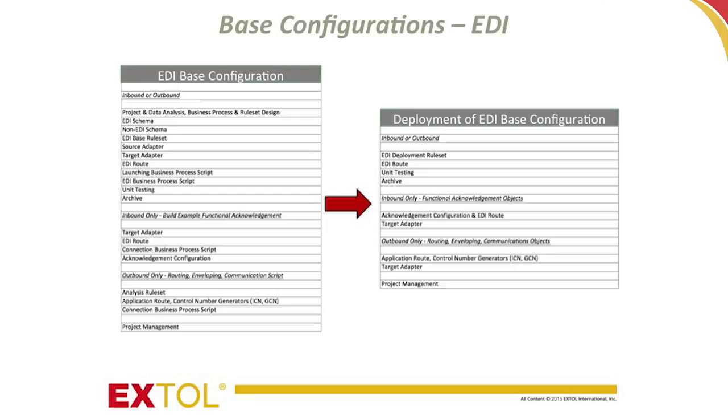We have all of these pieces that we do up front in the EDI base configuration. On the right side of the slide, we're talking about a deployment. You can see that the number of objects we're thinking about has reduced quite a bit. I'll talk a little bit later about the project generator and how we can make that piece very fluid for your business and make it easy to move forward in the rollout of additional trading partners.